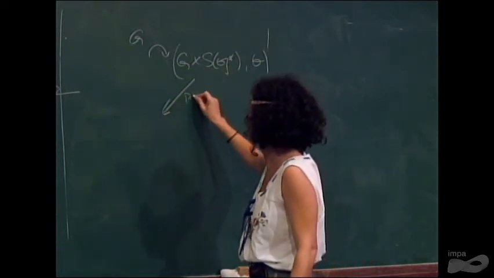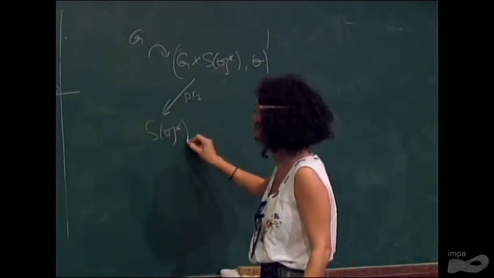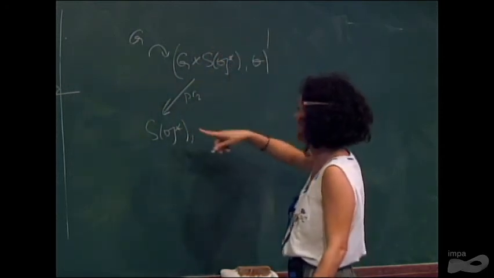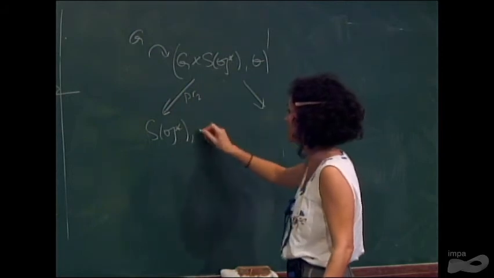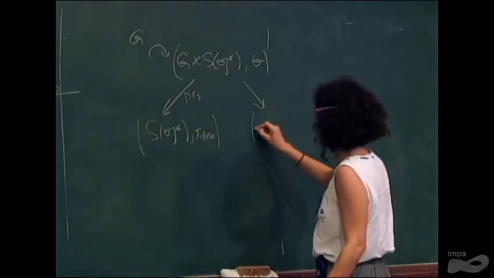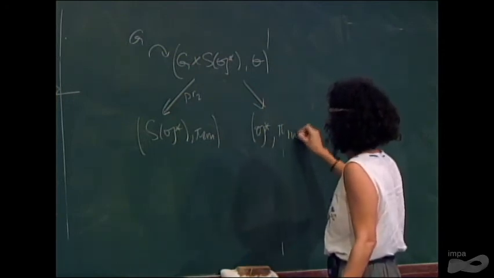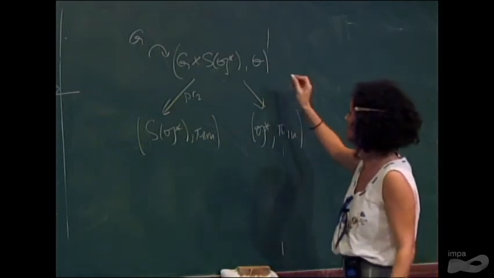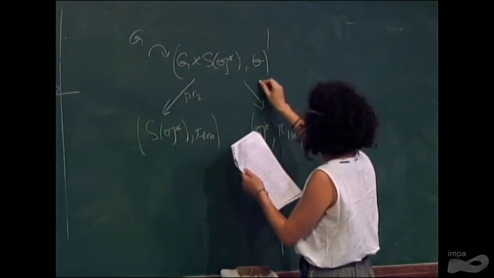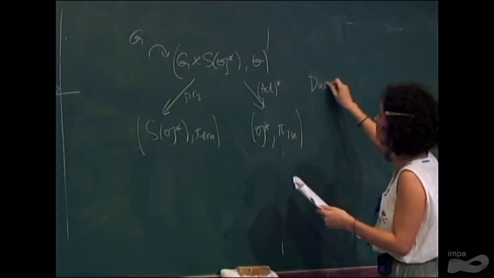And the projection will be the projection to the second component. We are assuming that this is Poisson, so actually this is the restriction of the linear Poisson bivector. It's given by something like this. And this is again a dual pair.